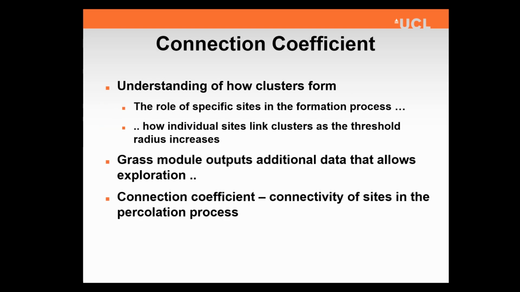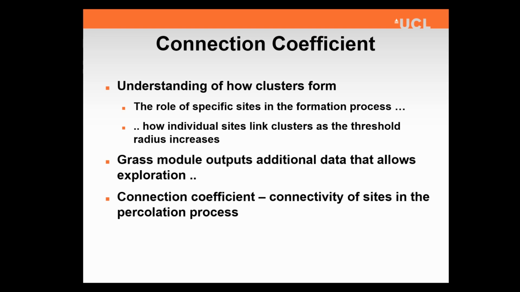Now, I mentioned that one of the things we're particularly interested in is the role of individual sites. These are statistical packages. From the statistical point of view, those points, those nodes, those sites are indistinguishable. But of course, from an archaeological point of view, that is very far from the case. We are very interested in those individual sites and what their functions are.